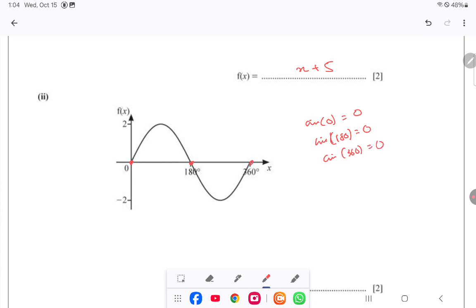So we can say it is a sine function, but for the amplitude, this is the highest point and this is the highest point in the negative. So we can say that the amplitude is 2.